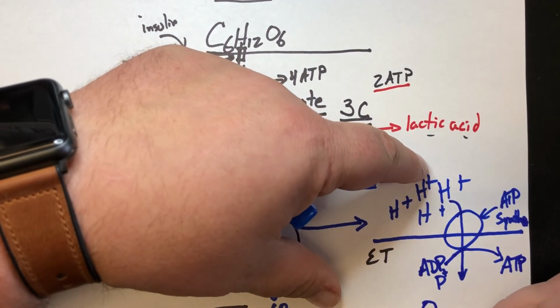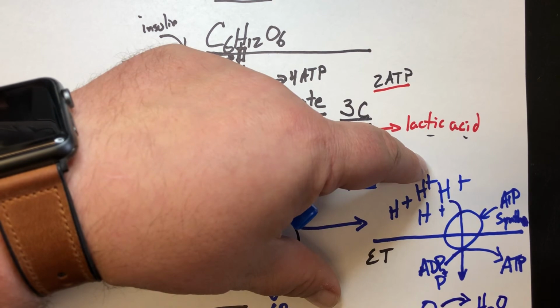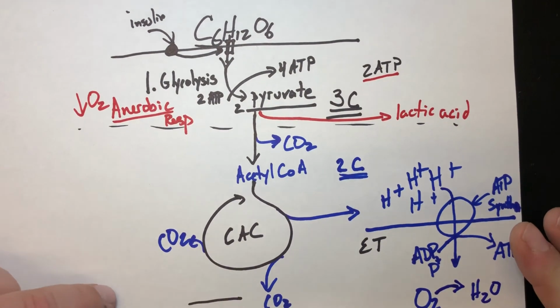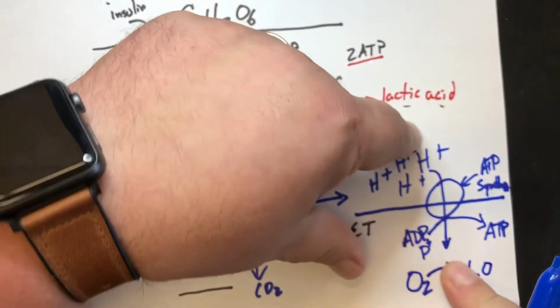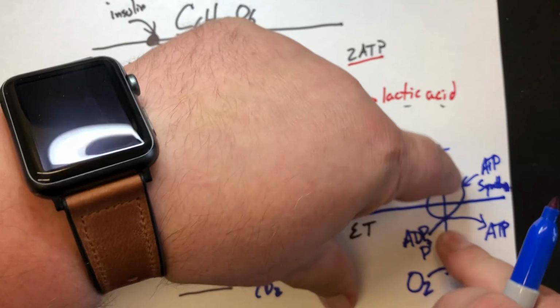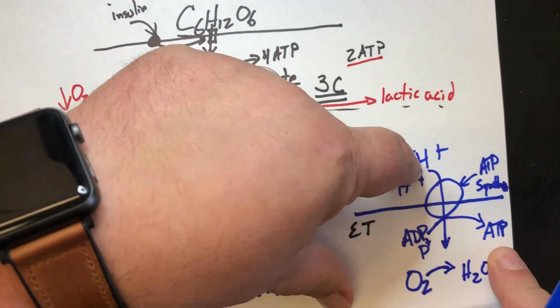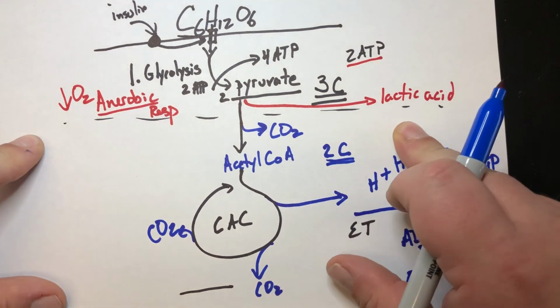So we take some of that oxygen, some of that hydrogen, pair it together, and we make water. So as a real quick reminder, what's the importance of oxygen? Well, if that oxygen wasn't there, we would ruin this gradient. And so if there's low oxygen, there's not going to be enough energy to drive ATP synthase in order to charge up the ATP. So we're stuck with what's going on during anaerobic respiration.